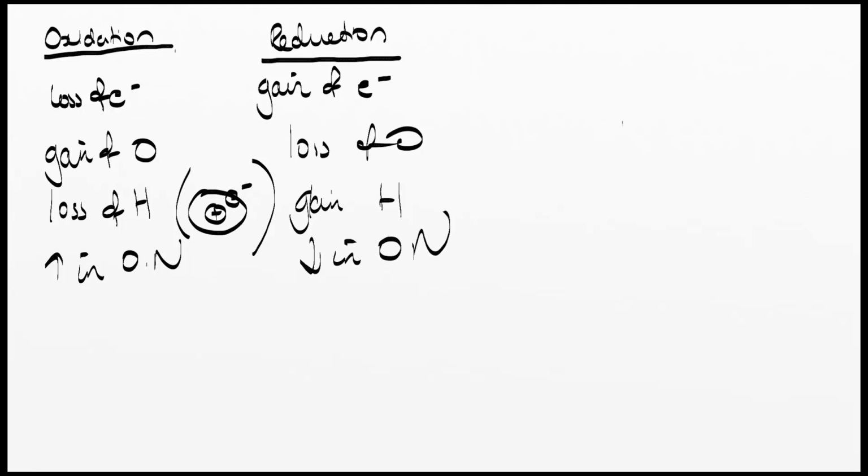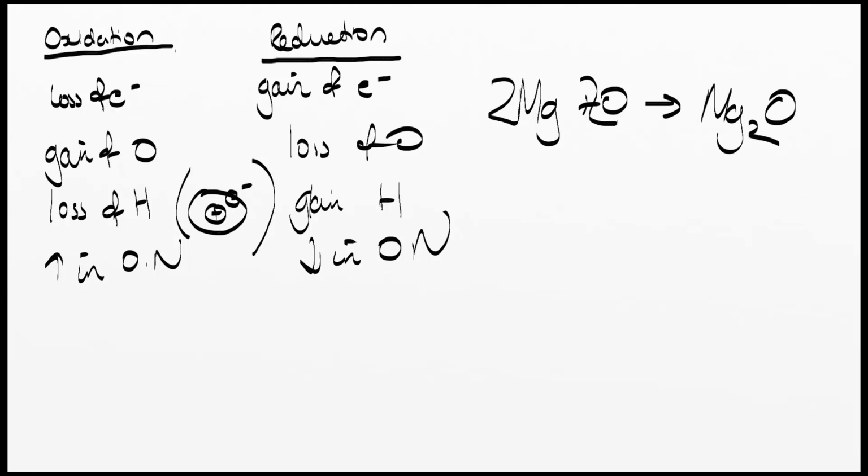Okay, so for example, the video we had before had magnesium plus oxygen forming magnesium oxide. So basically, it's supposed to be MgO like that, but we can see that magnesium gains the oxygen here.